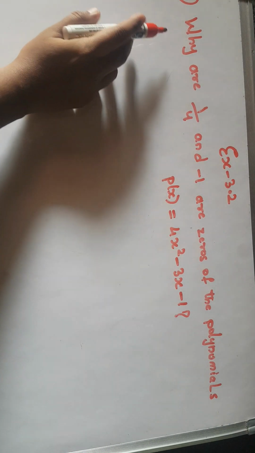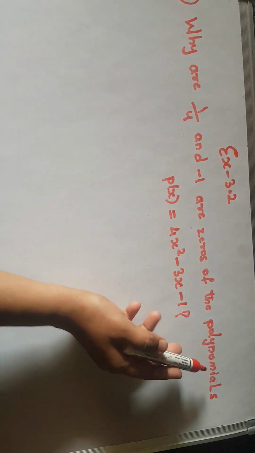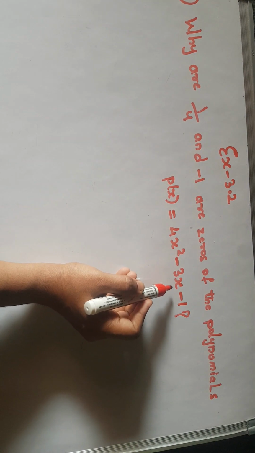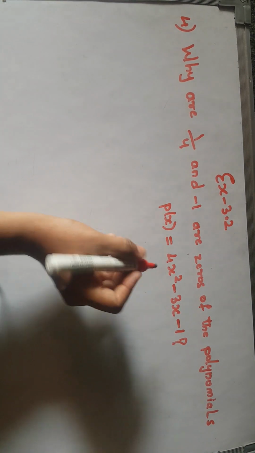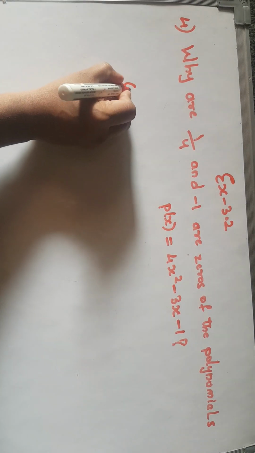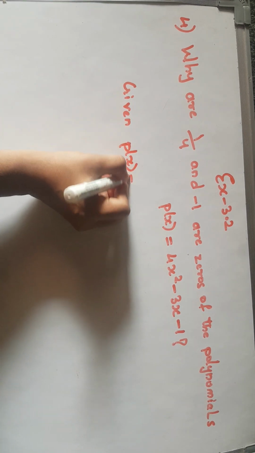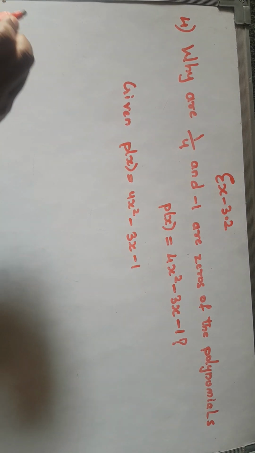In this fourth question, 1 by 4 and minus 1 are the zeros of the polynomial p of x equals 4x square minus 3x minus 1. This is exercise 3.2 fourth question. Given p of x equals 4x square minus 3x minus 1.